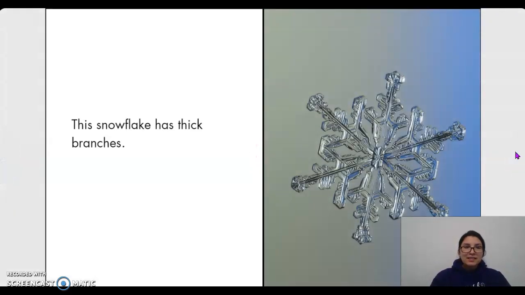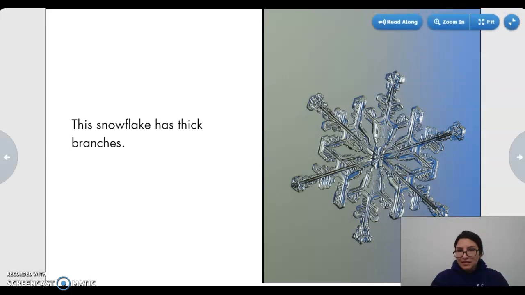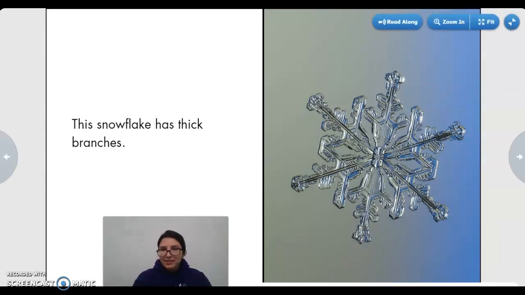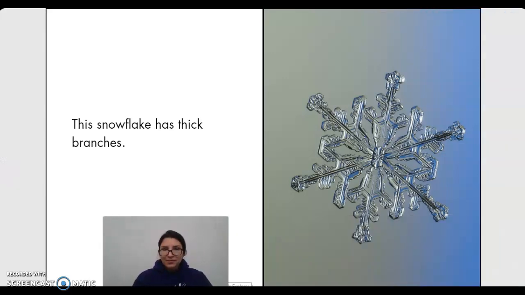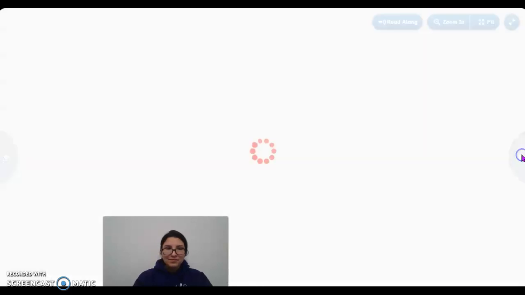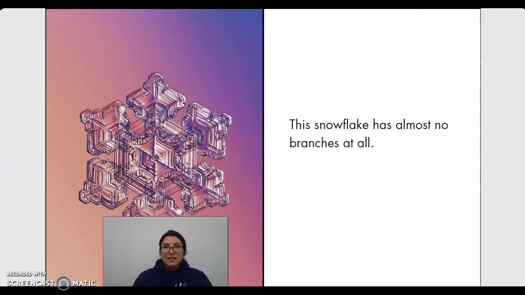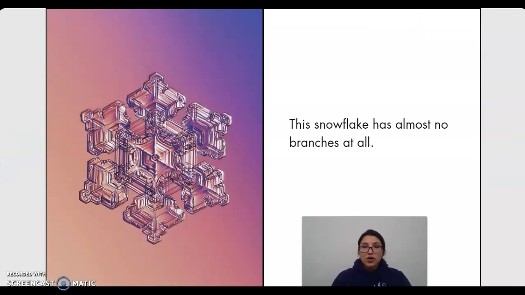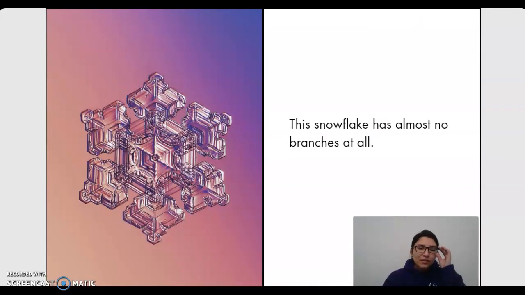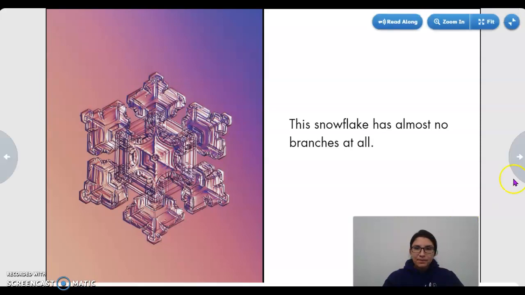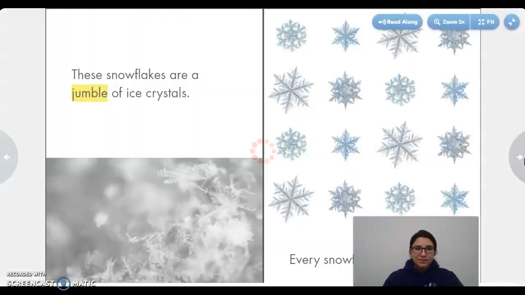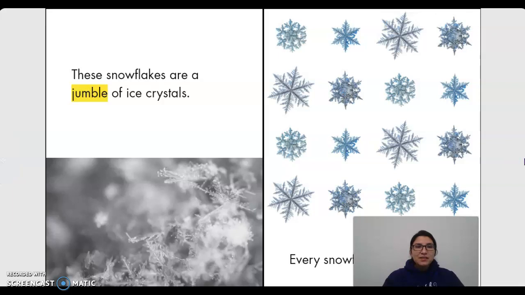This snowflake has thick branches. I'm going to take a moment and look at this. This snowflake has almost no branches at all. These snowflakes are a jumble of ice crystals.